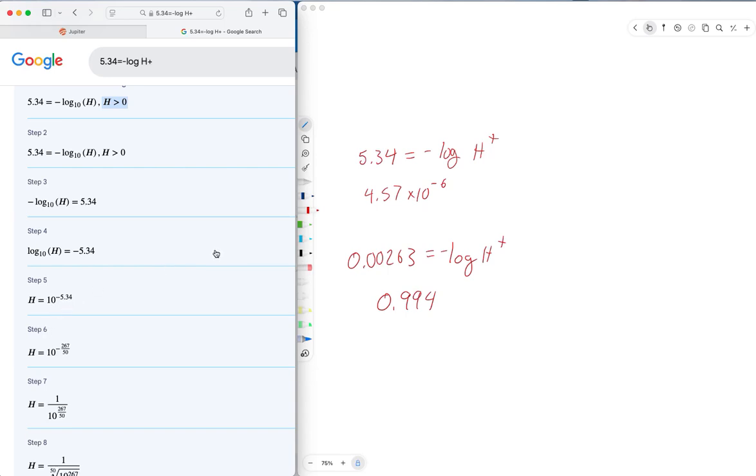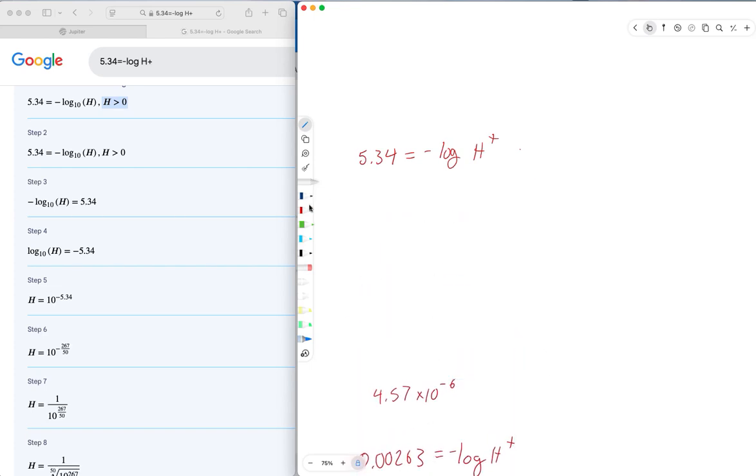You're going to take this number and this sign right here, and I'm going to move all of this down here. You're taking this and you're going to make this the base 10. So this H plus is going to be equal to 10 to the negative 5.34. And that's what you put in your calculator.